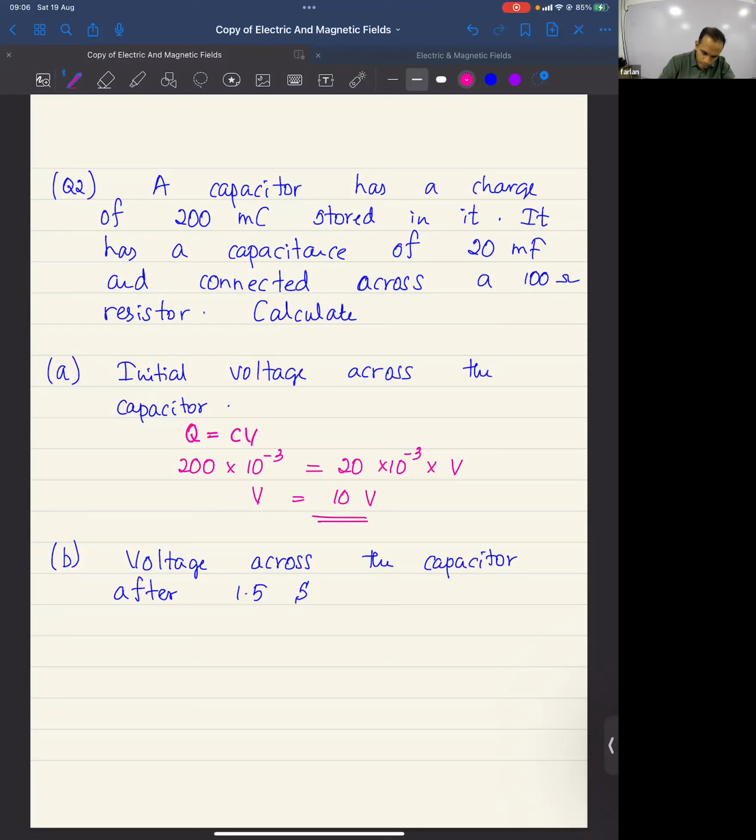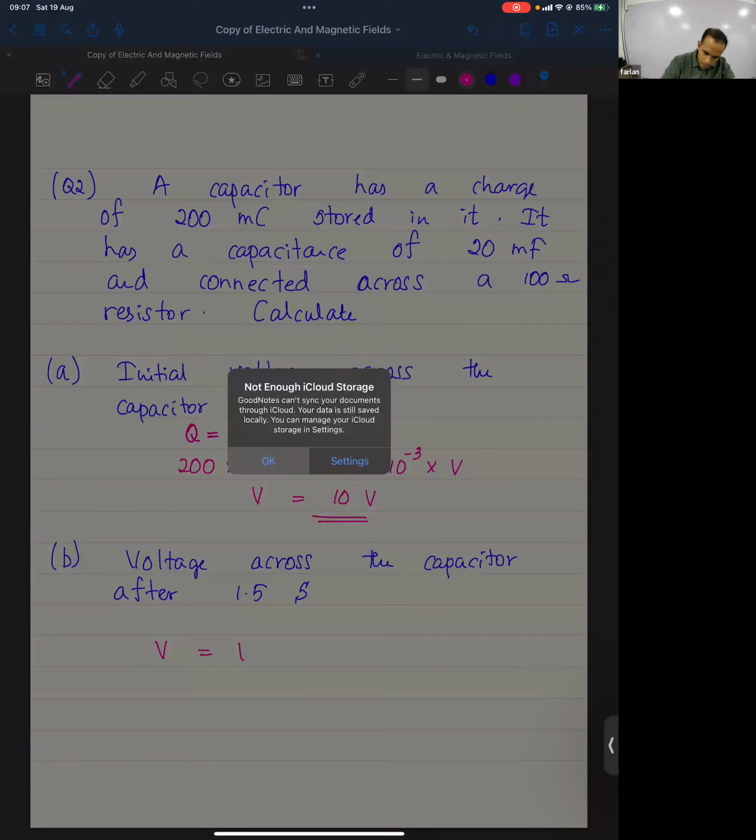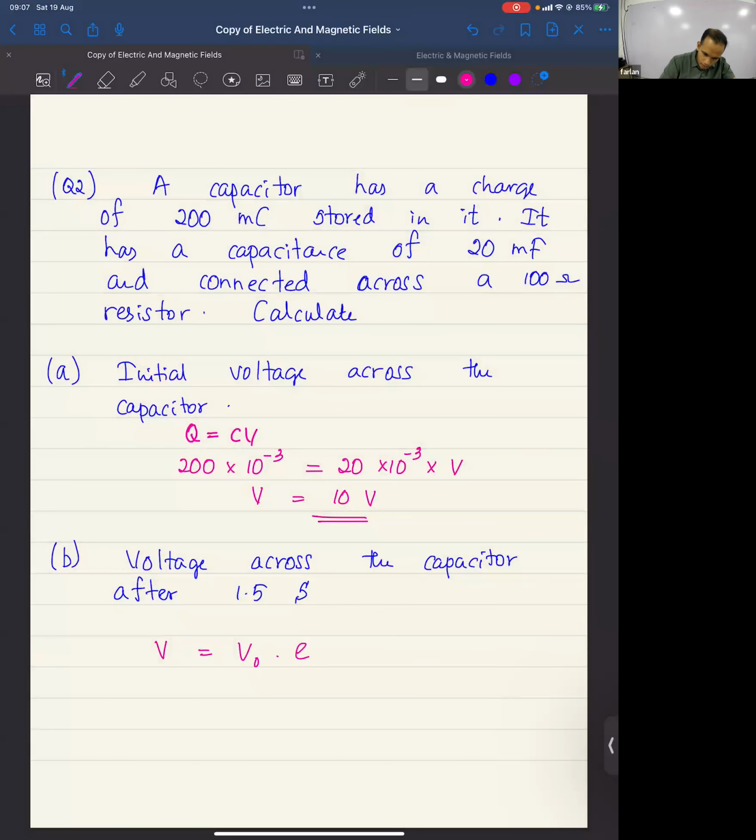I can use V equals V naught e to the power minus t over RC to find the voltage after 1.5 seconds, which is, initial voltage is 10, e to the power minus, after 1.5 seconds t is 1.5, over the resistor across which it is connected is 100 ohms into C is 20 millifarads. 20 millifarads is 0.02 farads.